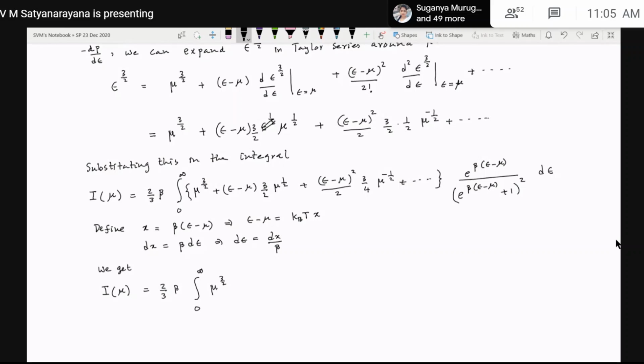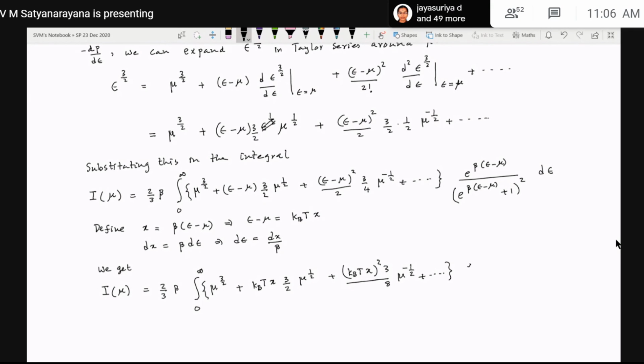Epsilon minus mu is kbtx. kbtx into 3 by 2 into mu to the power half plus kbtx the square divided by 3, and then you have 8 into mu to the power minus half, plus there are other terms which I have not cared to write now.